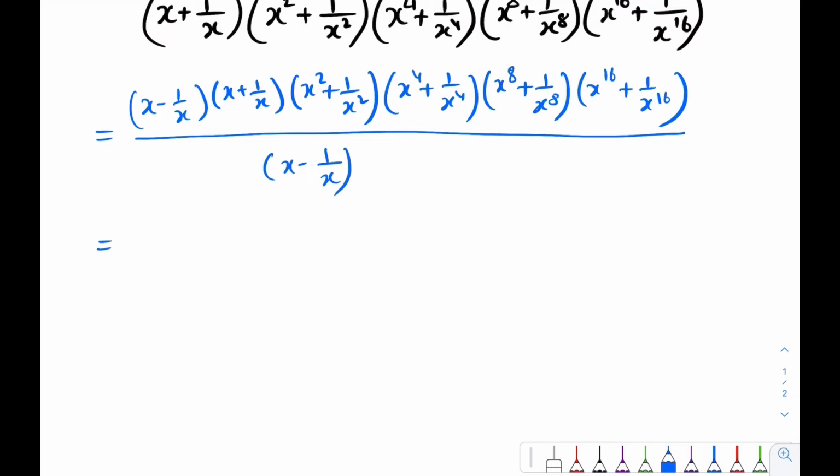So this gives x² − 1/x², since we know that (a + b)(a − b) is equal to a² − b².